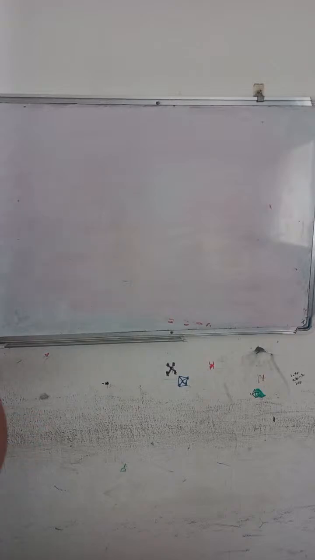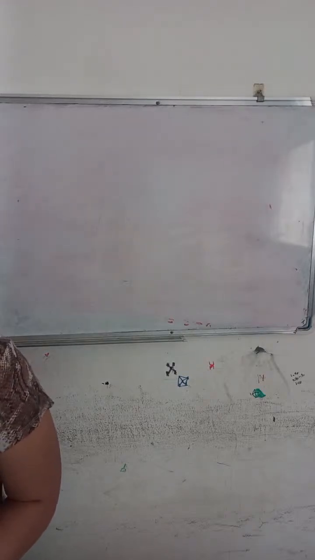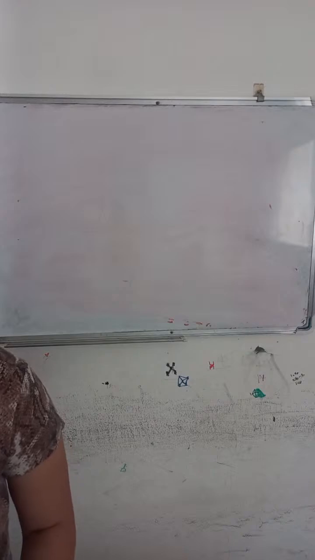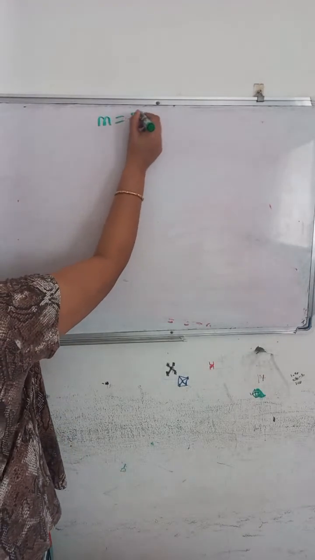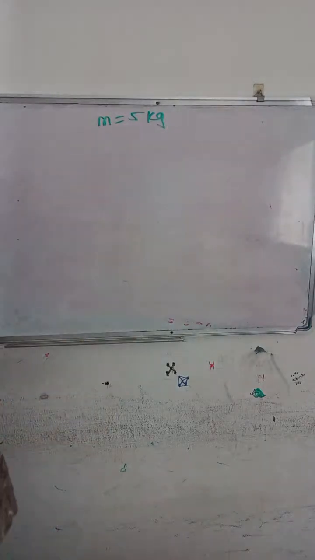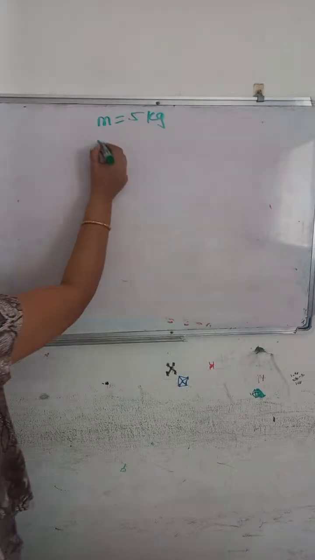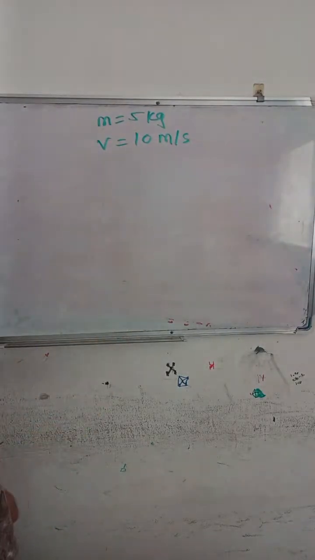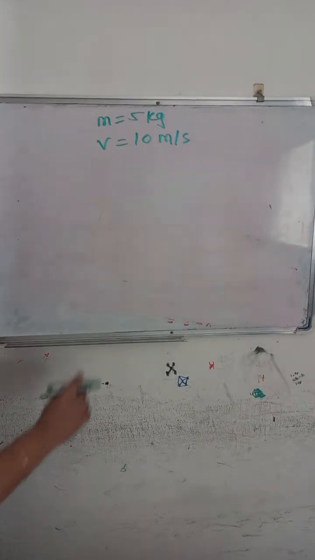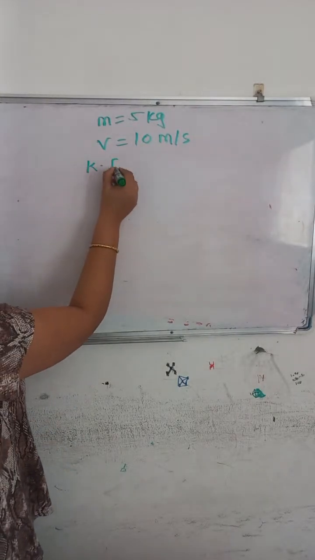Here mass is given as 5 kg, and the body is moving with velocity v equal to 10 meter per second. So they are asking for kinetic energy.